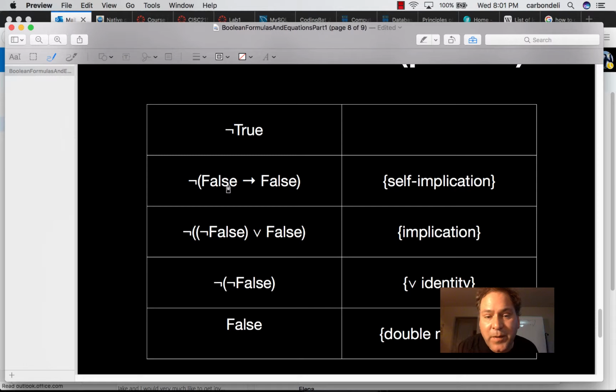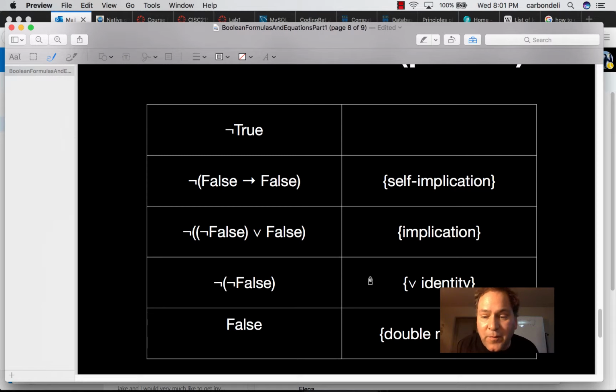This true is replaced by false, then false. We then apply implication. We convert the implication to a logical OR with also applying a NOT to the expression on the left-hand side of the implication. And then we have identity, in which we can simplify what we ended up with when we applied implication.